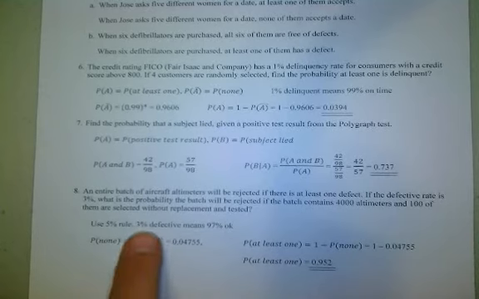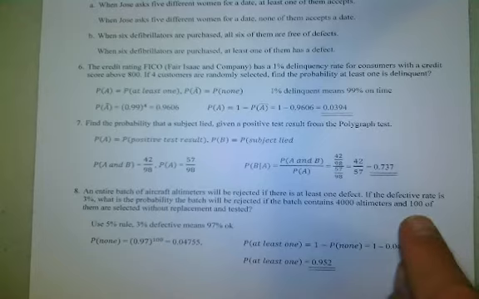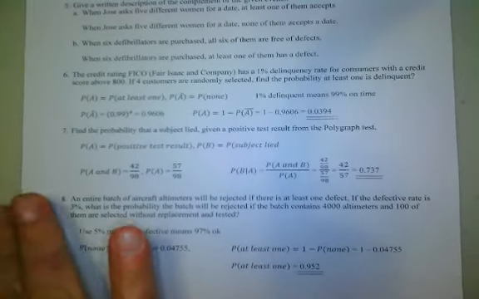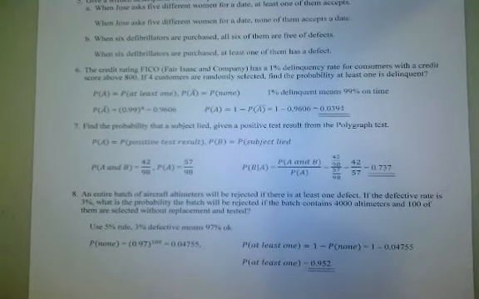So, first off, 3% is less than 5%, so we're going to use the 5% rule. We're picking 100 out of 4,000, so it's definitely less than 5%. Now, if 3% are defective, then 97% are okay. So the none case, in other words, all of them are okay, would be 0.97 to the 100th power. We're selecting 100 of them.